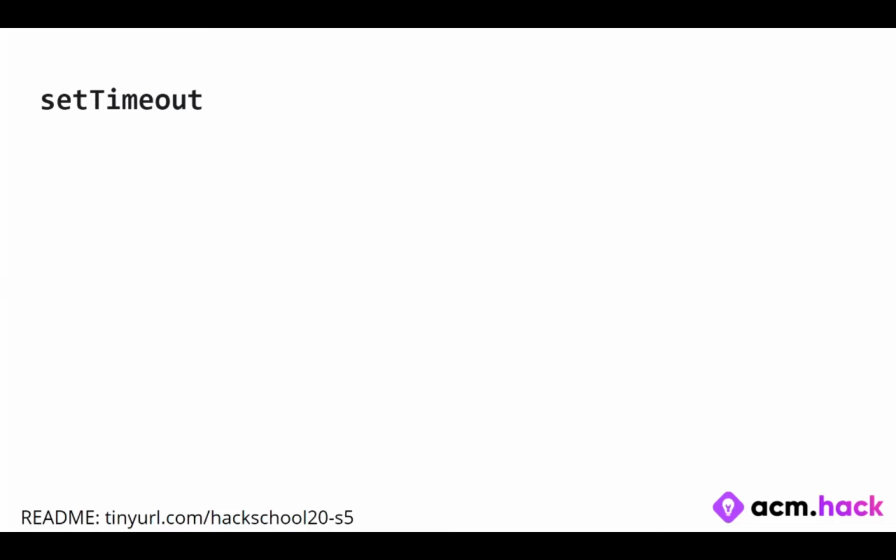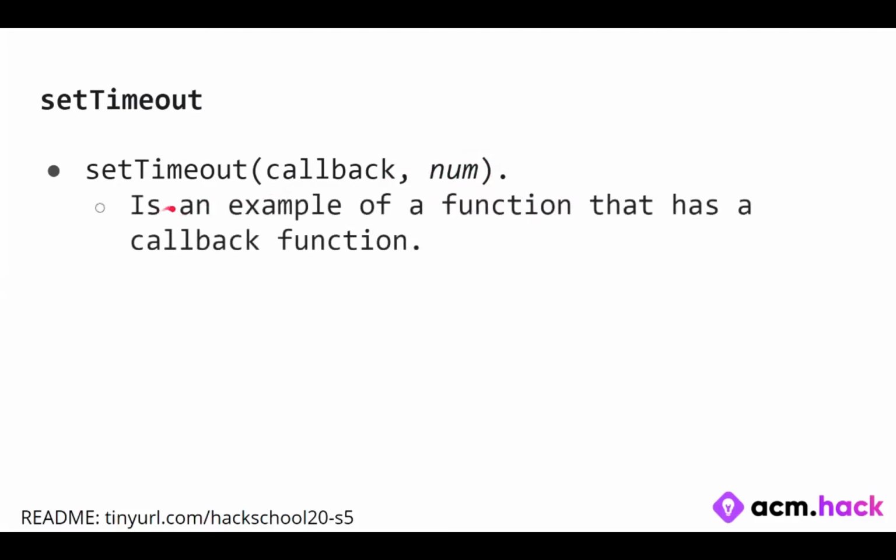So we're gonna introduce a function called set timeout. Now, set timeout is very similar to our set interval function. It takes a callback function as its first argument, and then it takes the number of milliseconds as its second argument. It is an example of a function that takes a callback function as an argument.